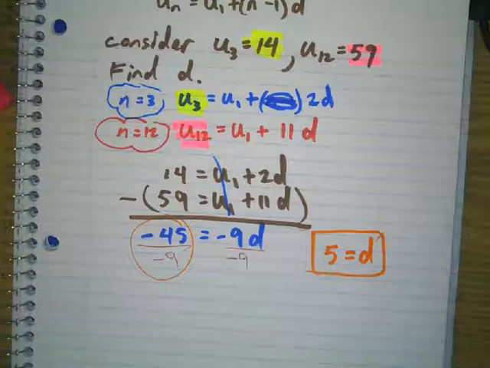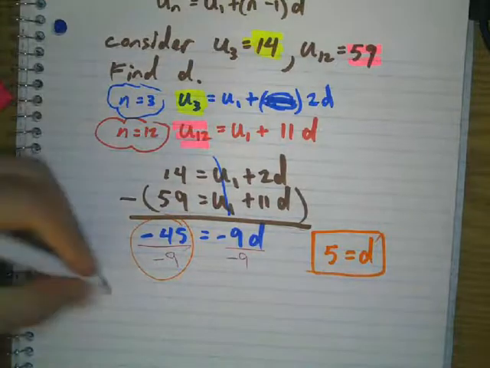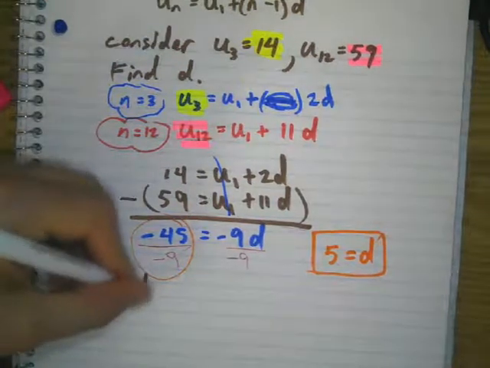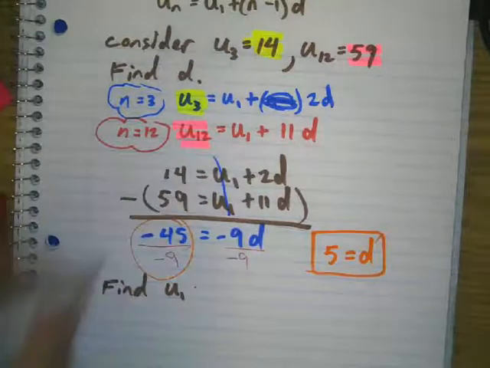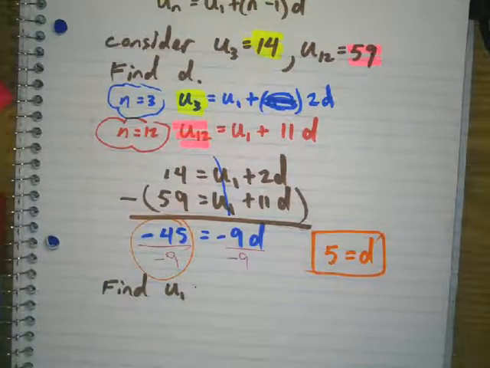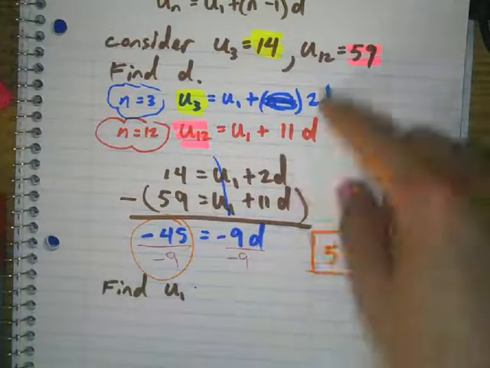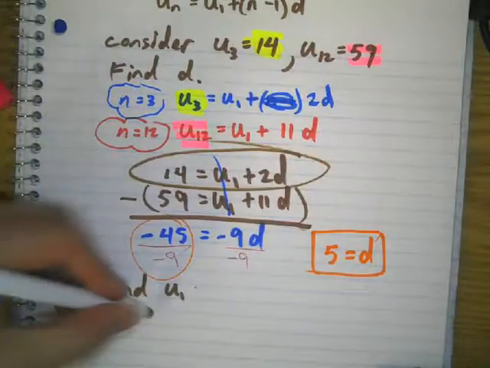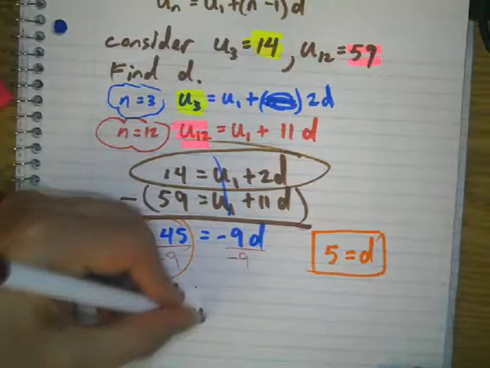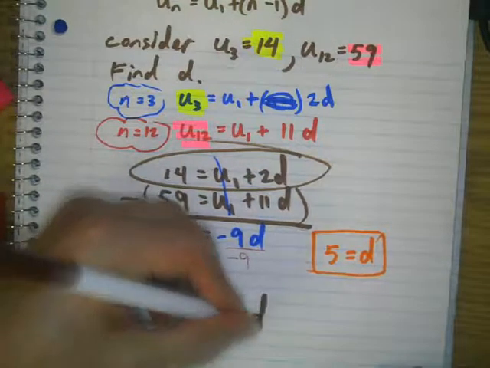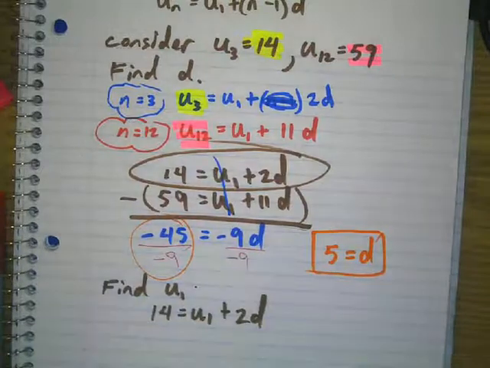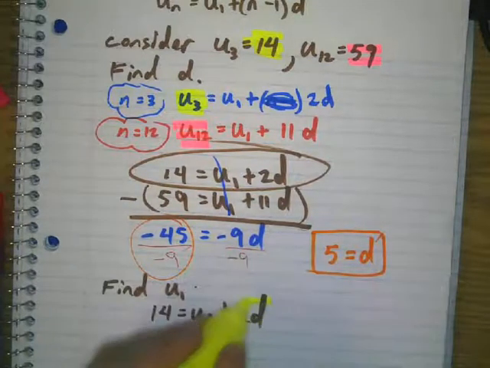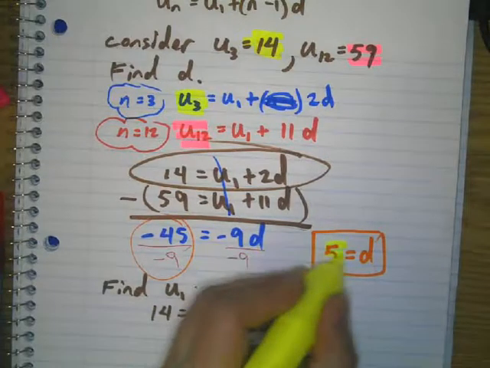Okay. Now, what if I want to find u sub 1? Well, if I want to find u sub 1, and now I know d, I could take one of these equations. Let's take this equation. 14 equals u sub 1 plus 2d. All right, now that we know d is 5, I'm going to replace d here with 5, right?